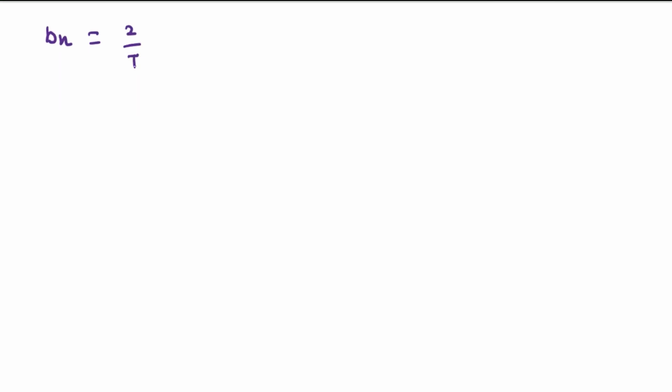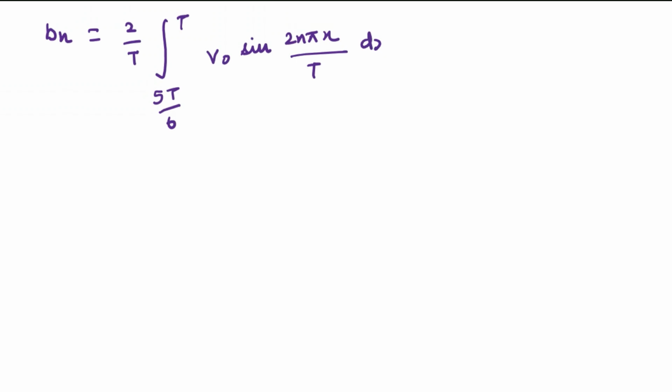Bn is 2 by T, limits are from 5T by 6 to T, V naught sine 2n pi x by T dx.